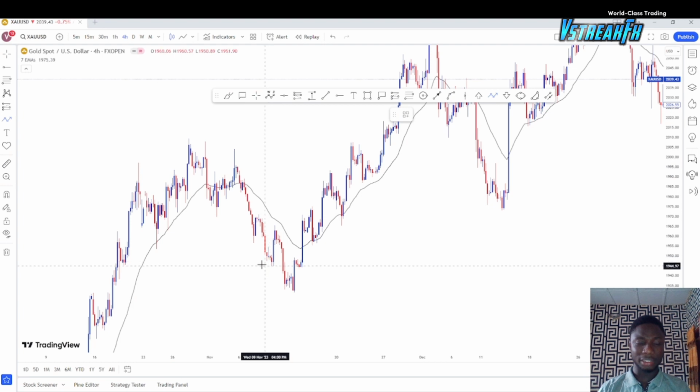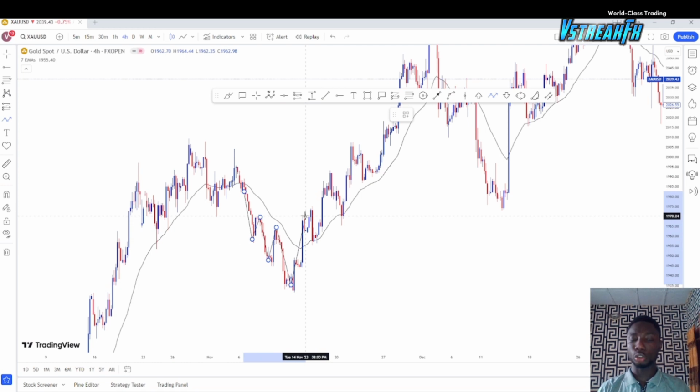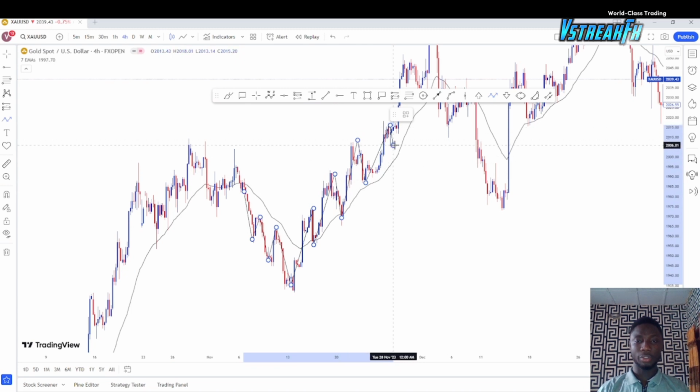Firstly, I said you have to identify the market structure. This is the 4 hours. You can see this was a downtrend before. Like I said, you have to have a proper understanding of market structure before you use the fib level. If you observe here, there's a shift of structure where price broke the previous lower high and pulled back and started creating a fresh structure.